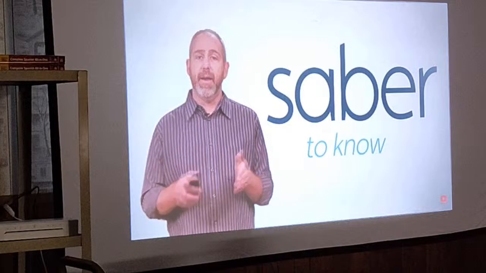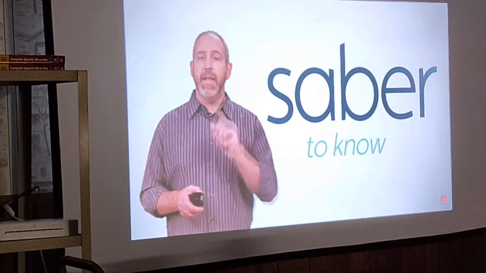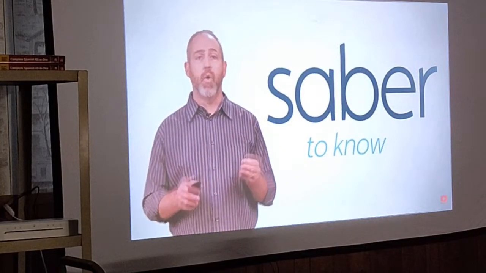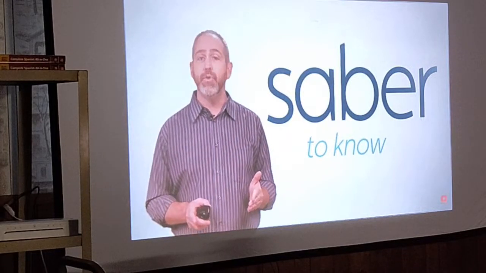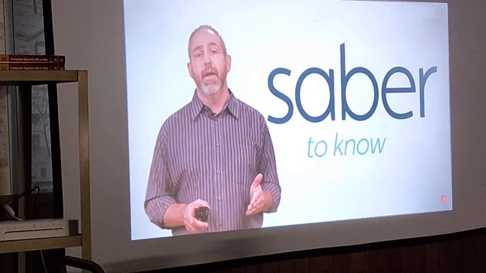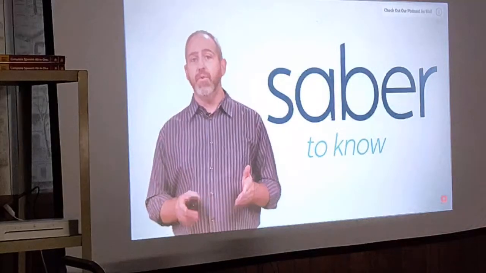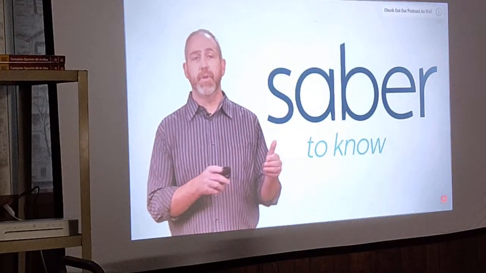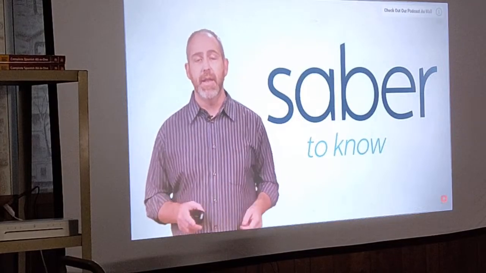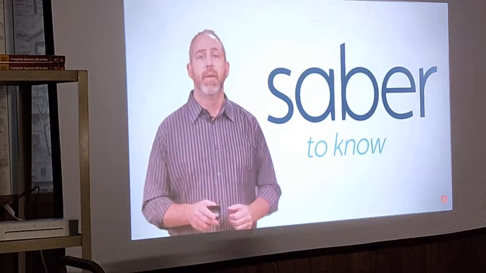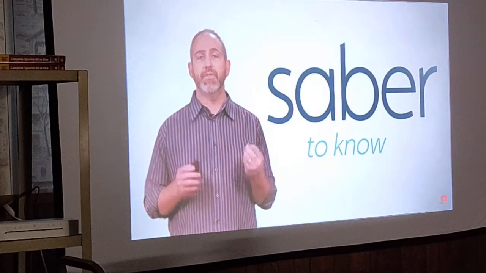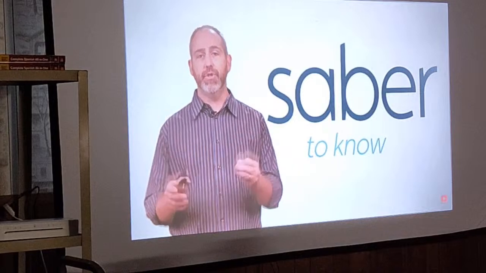Saber is to know facts or information about something, or how to do something. So if you're saying you know how to do something, you would use saber. The other form is more in depth, and it's knowing people. But we'll get to that one later. So saber means to know facts, information, or how to do something.